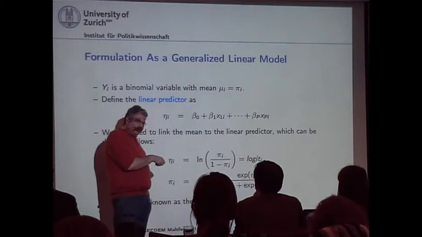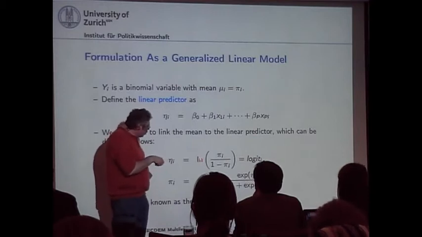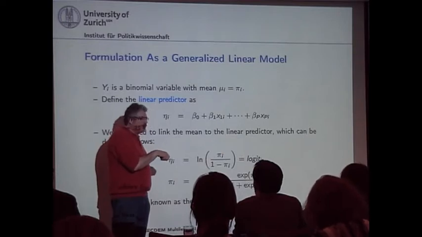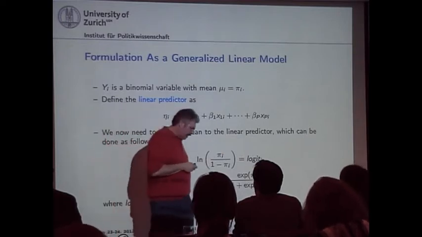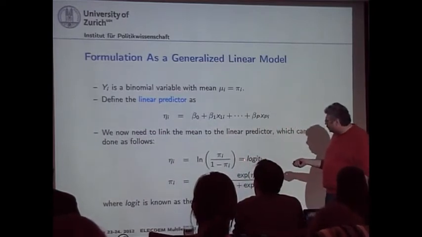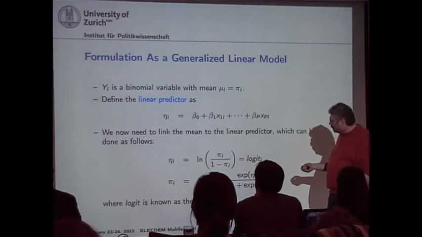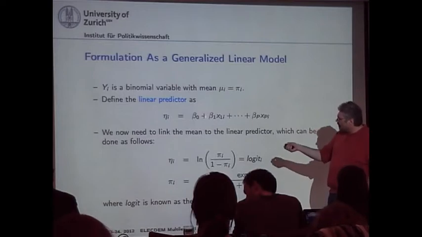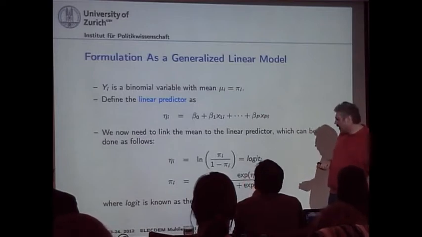Or, to put this differently, the natural logarithm of the probability of voting for Labour over the probability of voting for another party. And that expression, ln pi over 1 minus pi, is known as the Logit. And the Logit is equal to this linear function here.